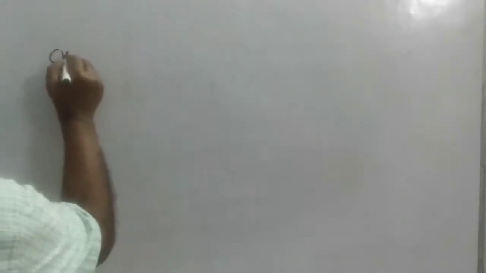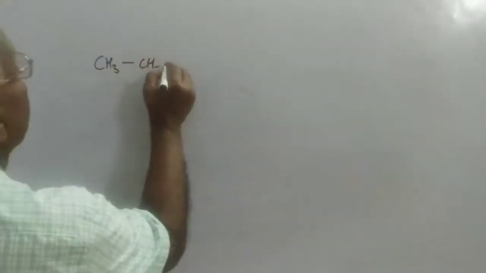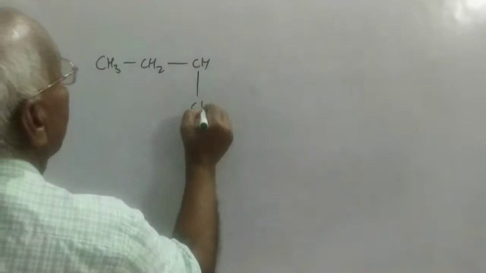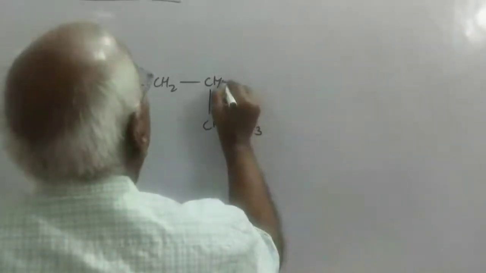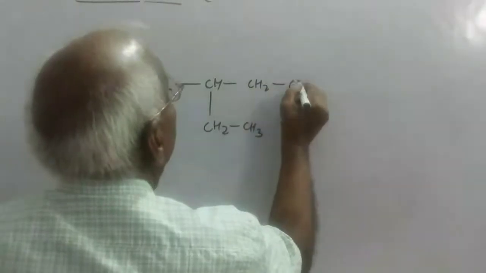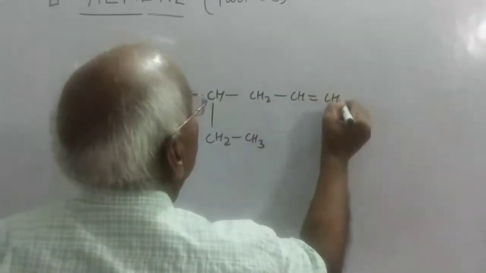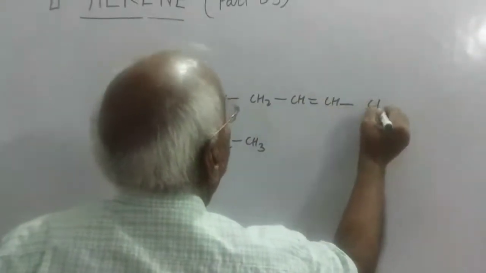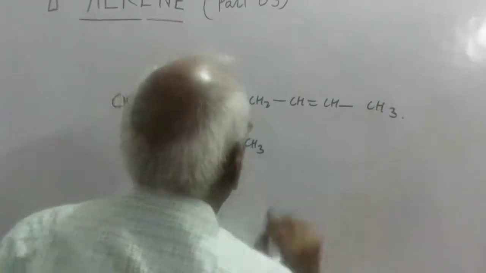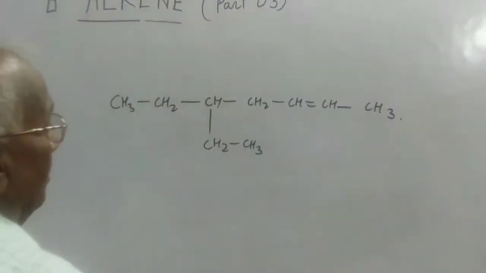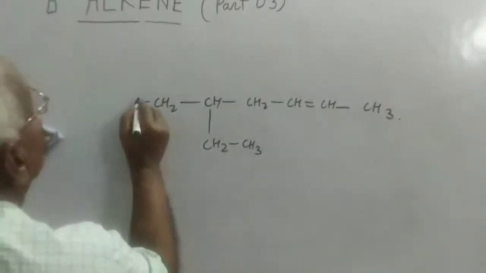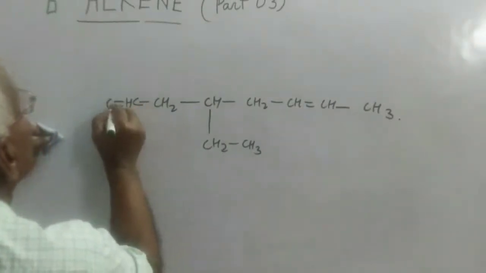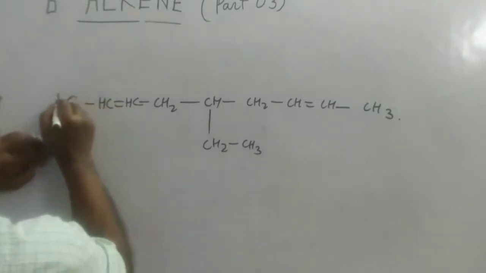Now one more example. CH3, CH2, CH, CH2, CH3, CH double bond CH2, no, CH CH3. Add one more, so CH double bond CH CH3.